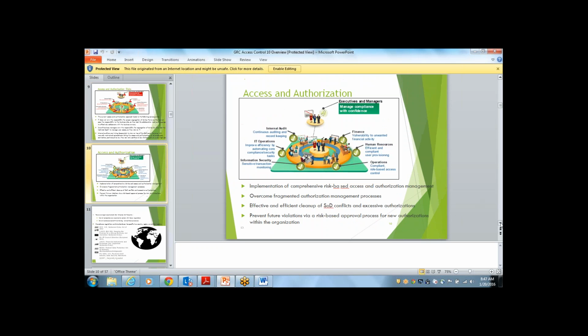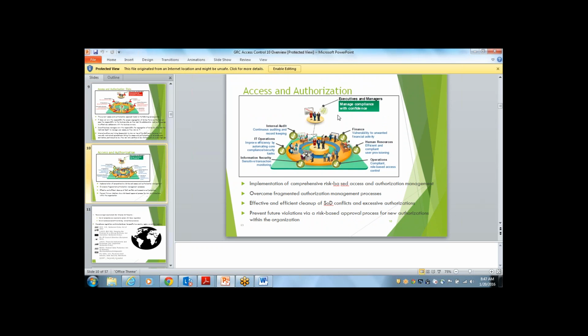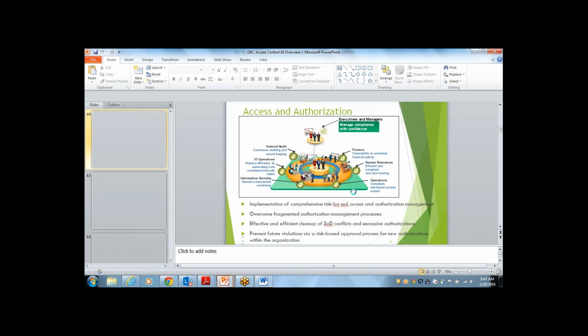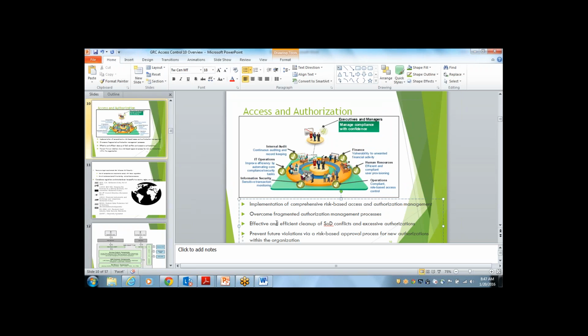GRC is going to take care of everything. If you see this diagram, then you will know about it. Implementation of comprehensive risk-based access and authorization management.